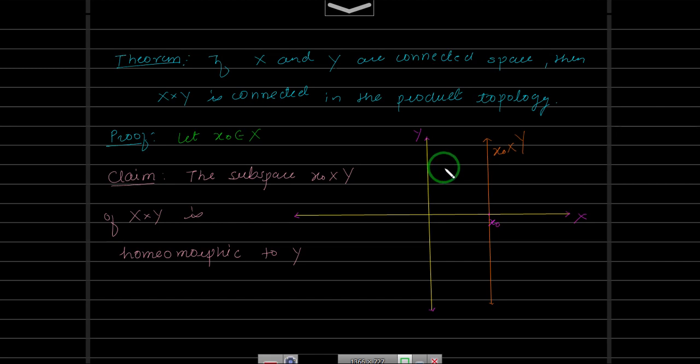Ultimately, what we are showing is that this line is a connected space, because Y is connected. This is our aim right now. The next 20 minutes we will spend showing that this is a connected space. So let us prove our claim.